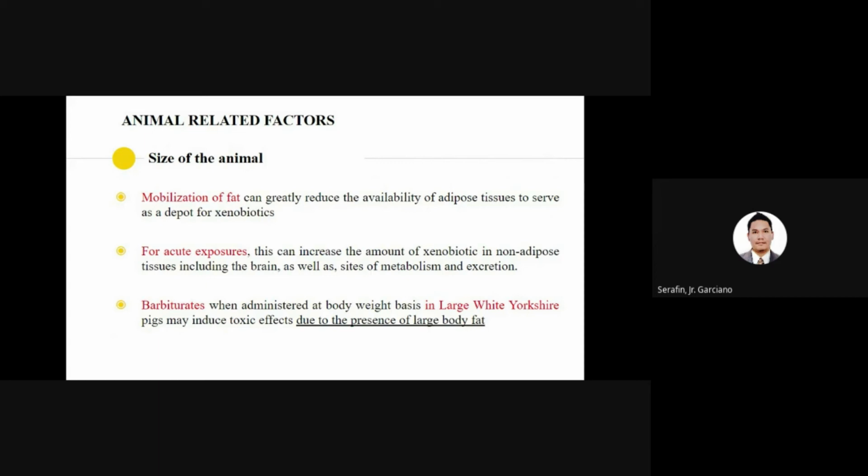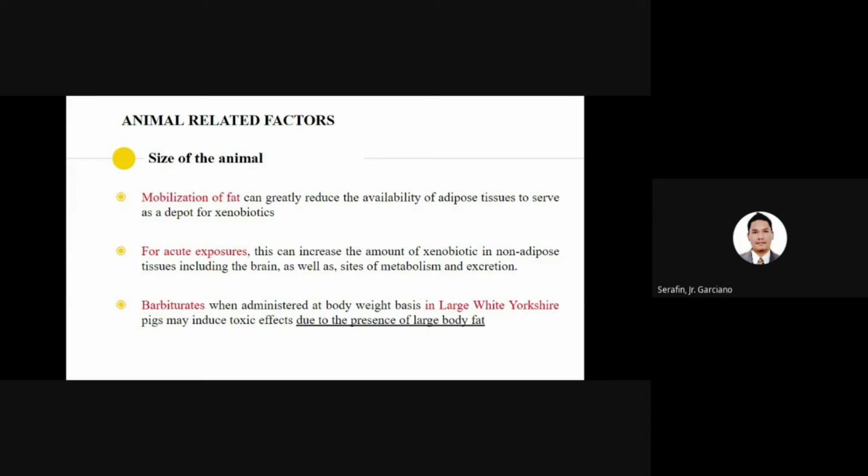For animals chronically exposed to lipid-soluble, metabolically resistant compounds, mobilization of the body fat can elevate the concentration of the xenobiotic, increasing the likelihood of toxicosis in the animal or in its developing or nursing offspring.